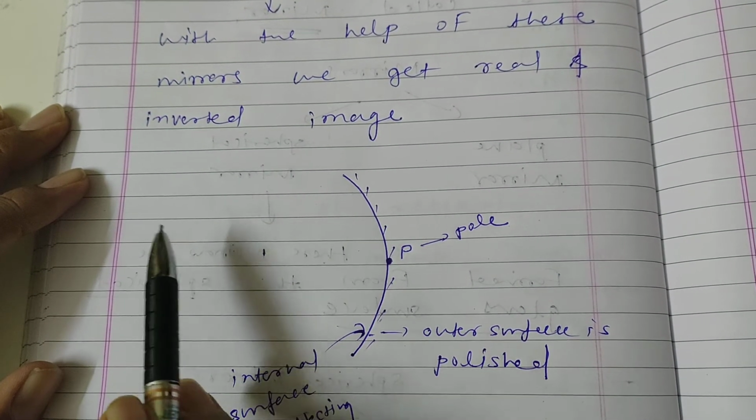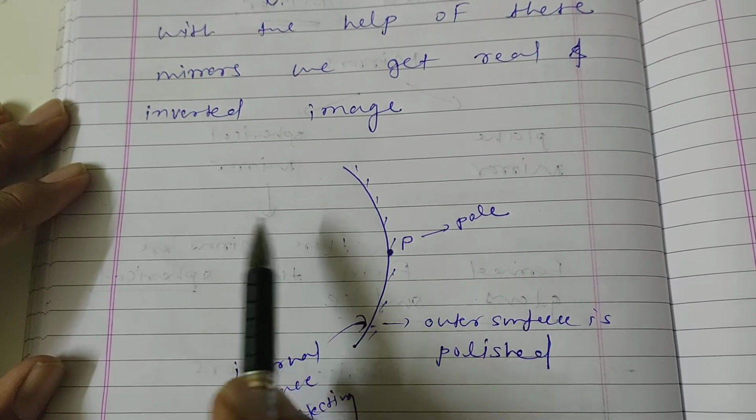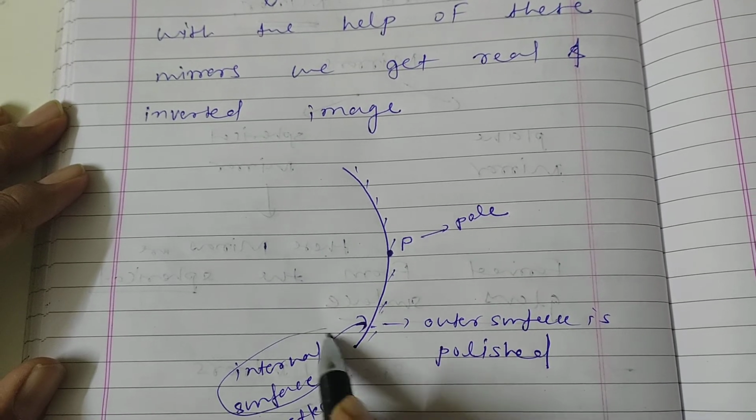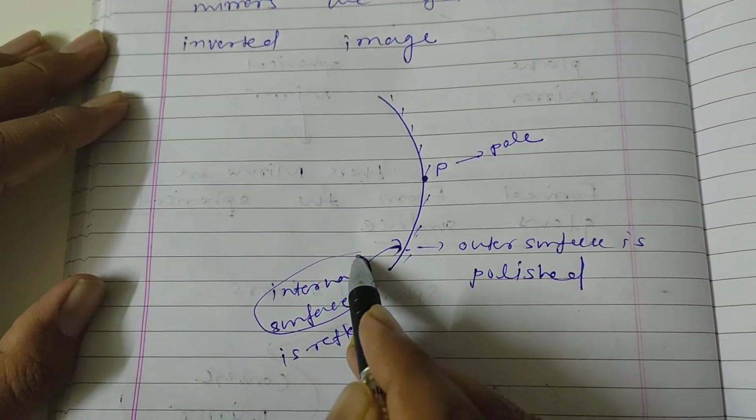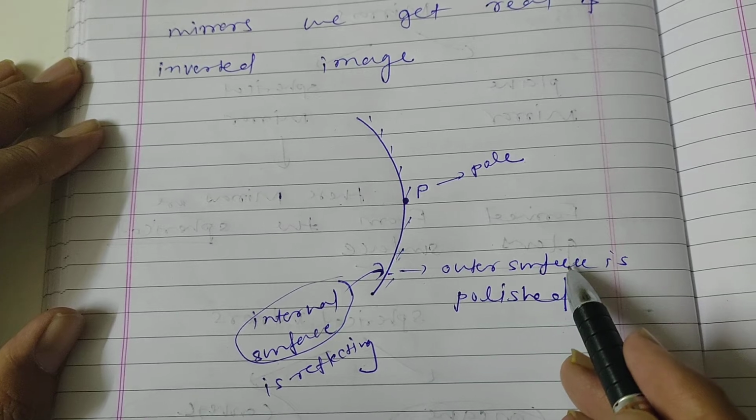So if the light rays are coming from any direction, then they are reflected from the internal surface, but there is no work of the outer surface.